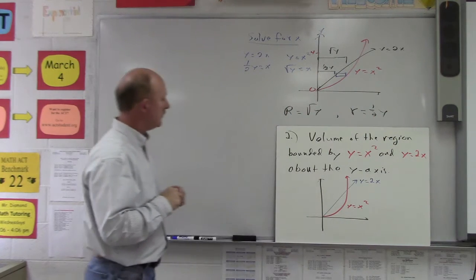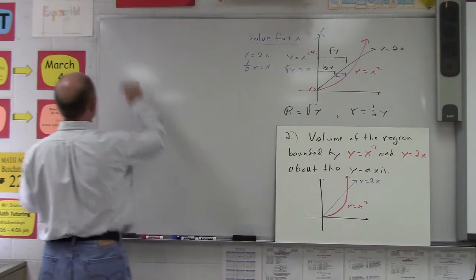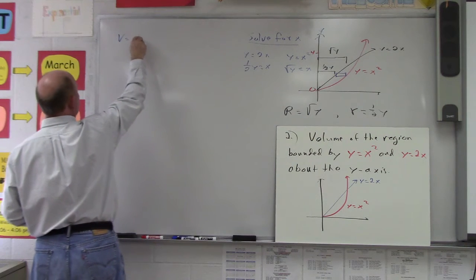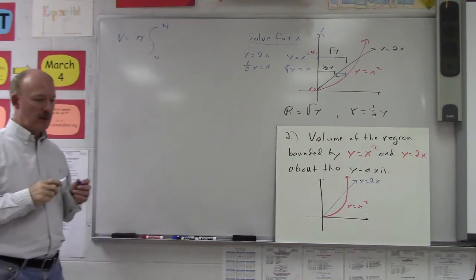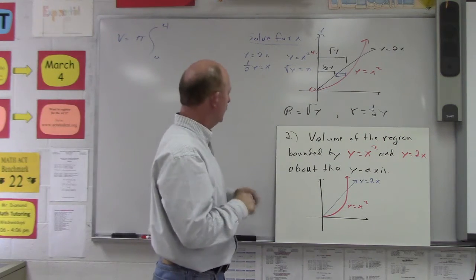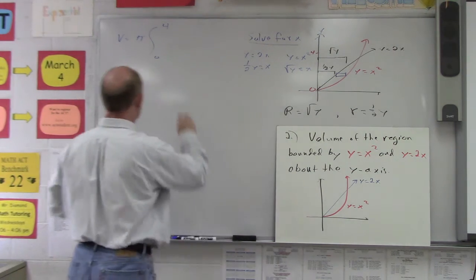Right. So as we set our integral up now, our integral will be V equals pi, integral from 0 to 4. Right, so we got our upper and lower bounds now, from 0 to 4. So big R we said is the square root of y, so we'll set this up.